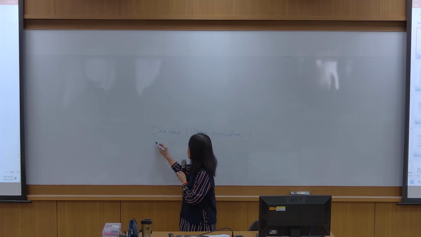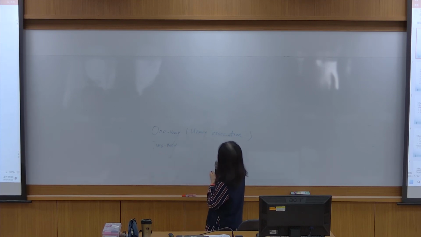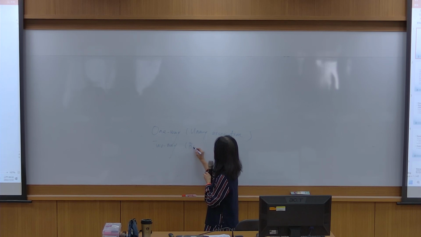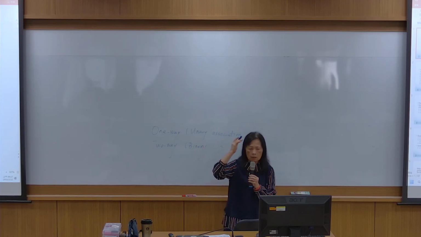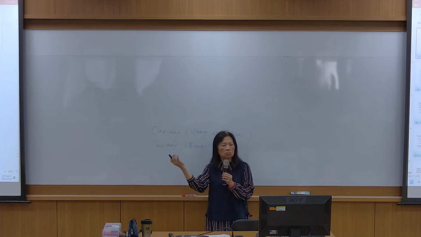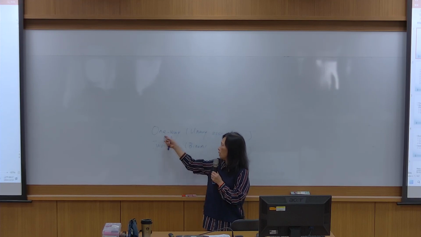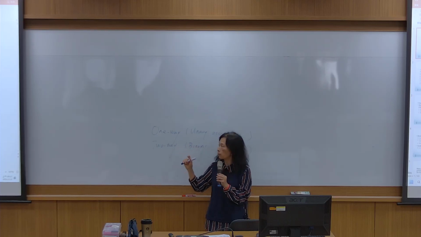So there will be two-way, a binary association between A and B. A sends a message to B, and B sometimes needs data from A. So there will be two ways: one way and two way. That's the association, right?